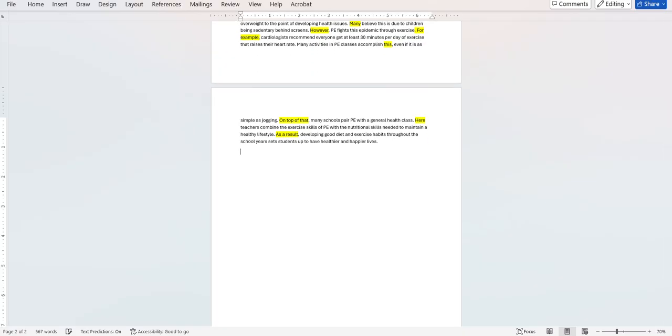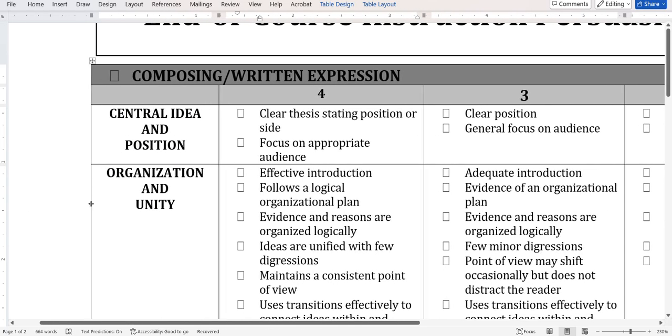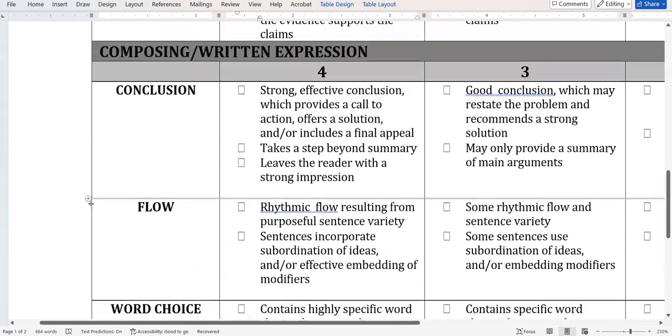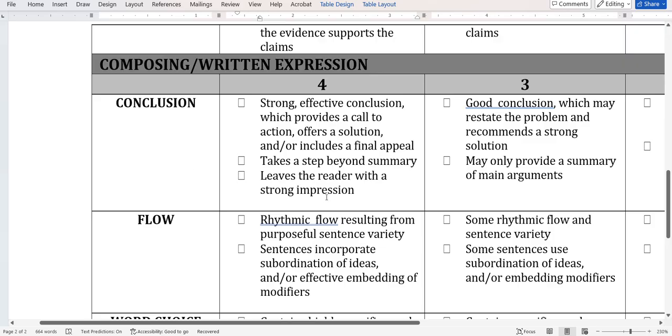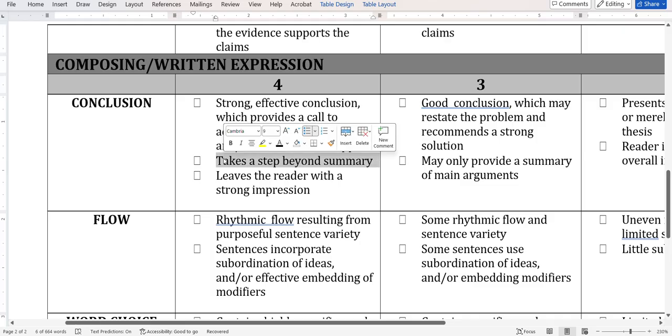Okay, so now I have to wrap it up with a conclusion. Now, with the argument essays, with a persuasive essay, the conclusion is a little more specific than what they want in the introduction. So it says, takes a step beyond summary. That is going back to what I told you guys about make sure that you're not just restating your topic sentences.